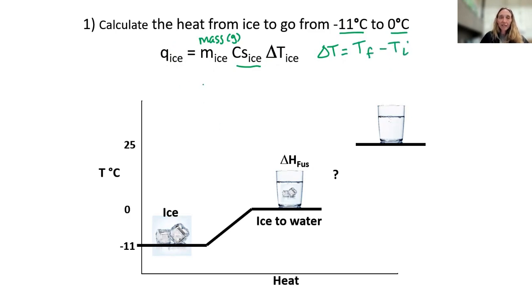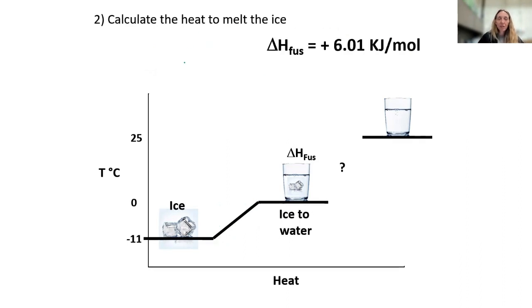So what this step talks about is taking the ice and changing the temperature from negative 11 up to 0 degrees Celsius. That's mathematically how we deal with how much heat needs to be absorbed by the ice to change temperatures. Okay, so there's step one.